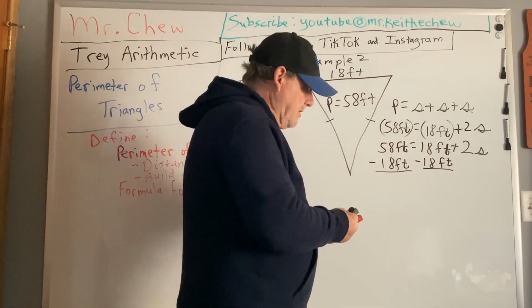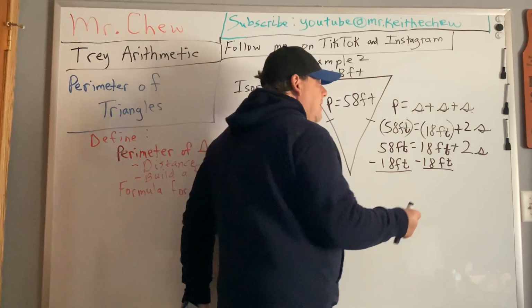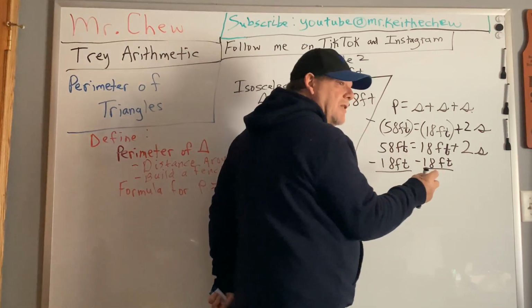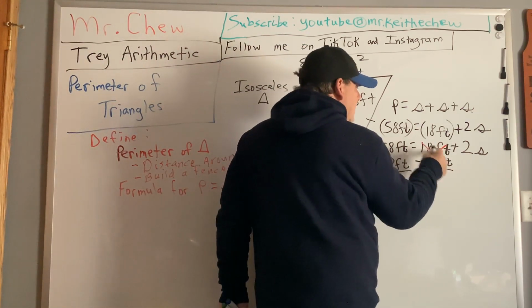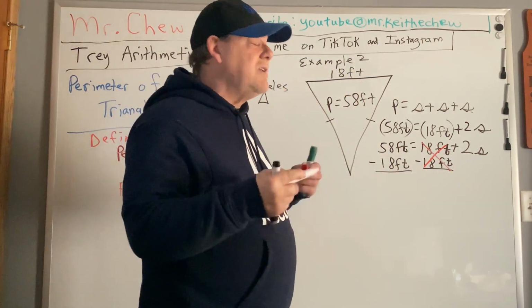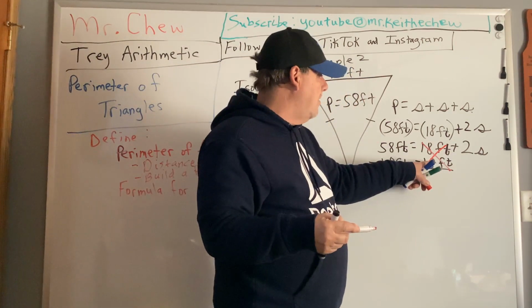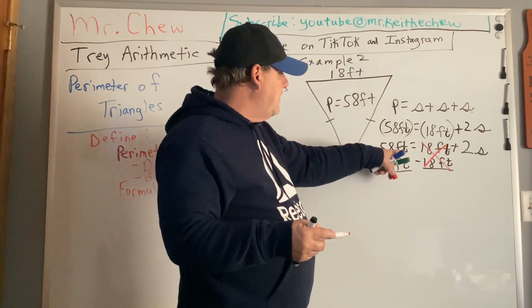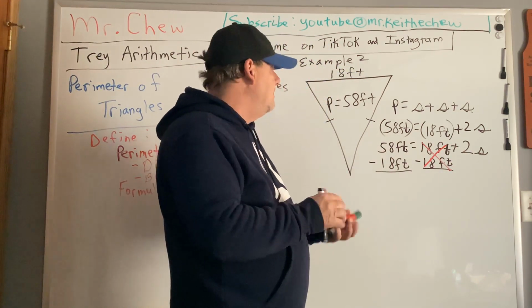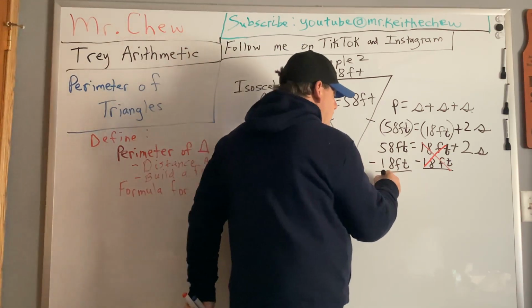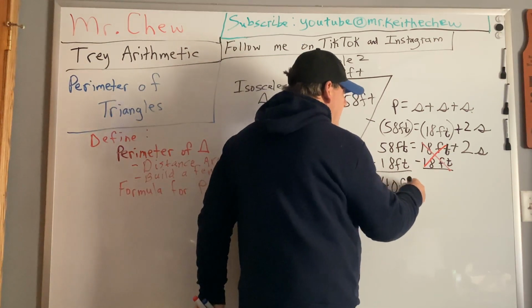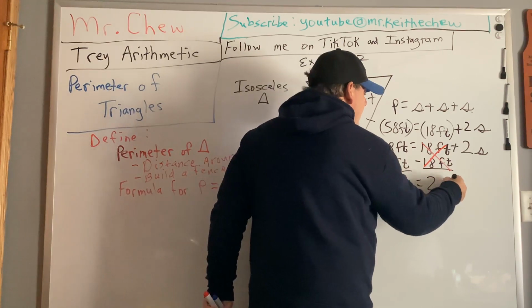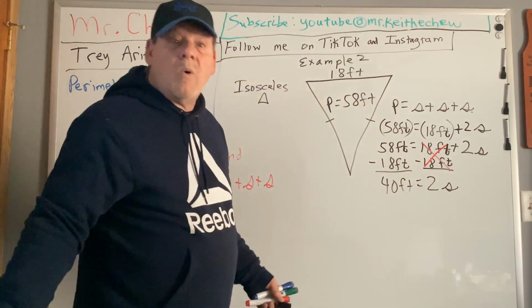I would always teach my students that in my pre-algebra class I used to teach. This crosses out because it's an inverse. There, it's a 0 here. And then 0 plus 2s will give me my 2s. Then I have to take 58 feet minus 18 feet. And that equals 40 feet. And that equals 2s.